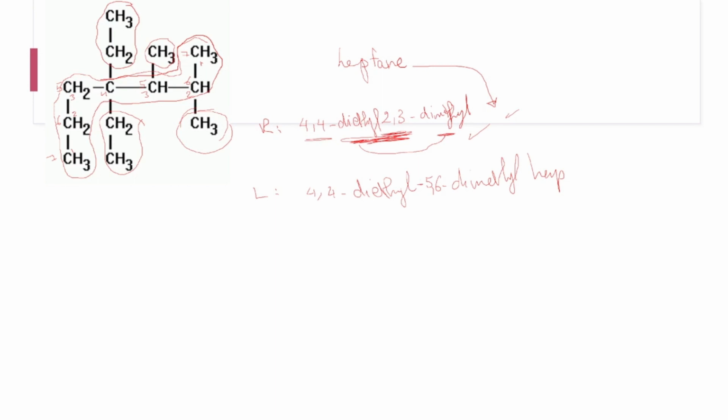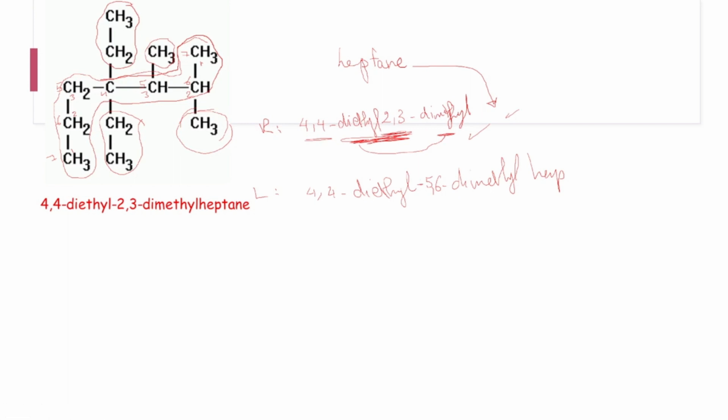I choose the side at which the substitutions or the branches have the least possible numbers, and then arrange the substitutions alphabetically. Don't forget to put commas between numbers and hyphens between a number and letters. This is the correct name for that compound.